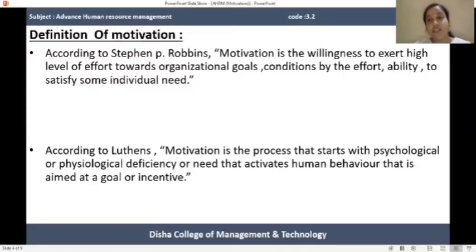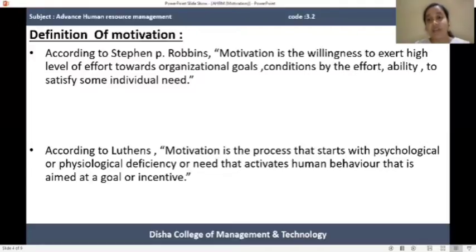It is a process which encourages a person to exert a high level of effort, to provide the best of performance to the organization, so that the organization is able to achieve its objective in the most efficient and effective way. But he said that until a person's need is satisfied, means for motivating the human resource, the organization first has to identify the individual needs.